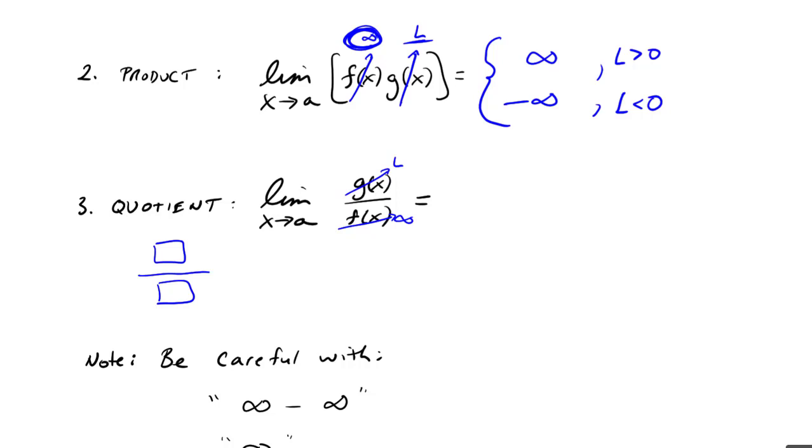On the flip side, if you hold the denominator steady and make the numerator smaller, you make the fraction smaller. So if you have 5 over 6, 4 over 6, 3 over 6, 2 over 6, 1 over 6, that fraction's getting smaller. And what happens if we hold the numerator constant and we decrease the denominator?